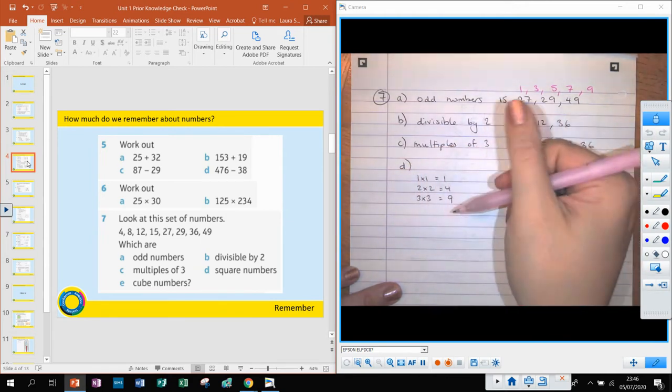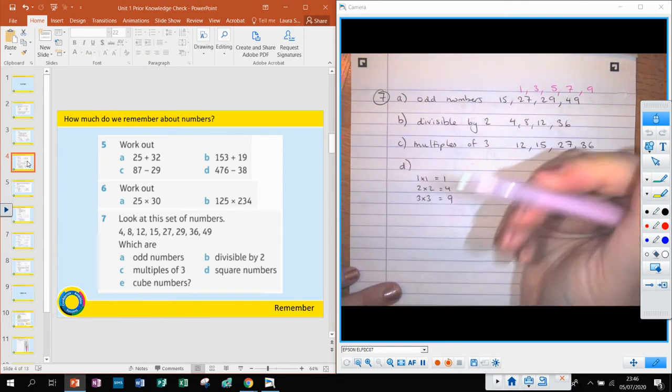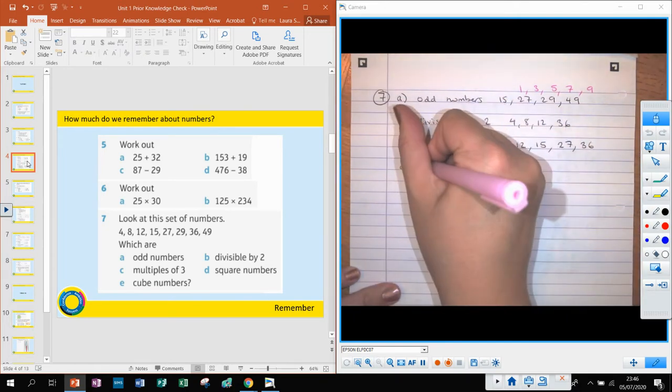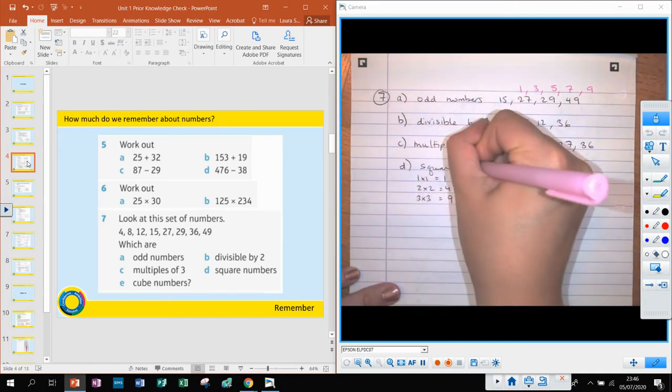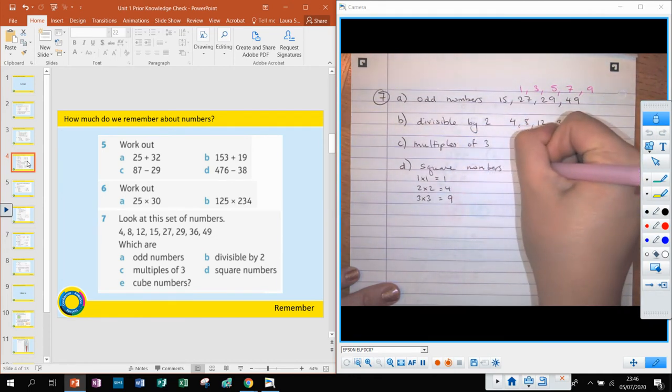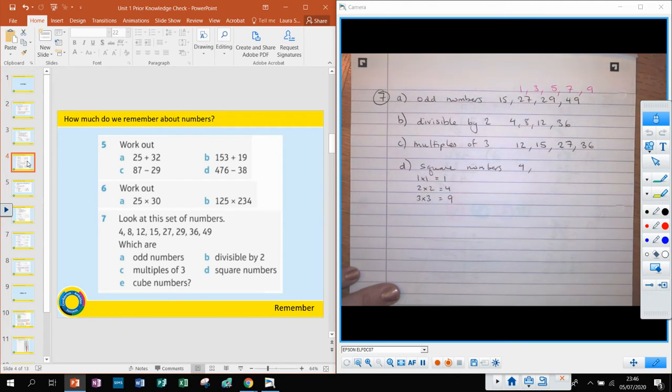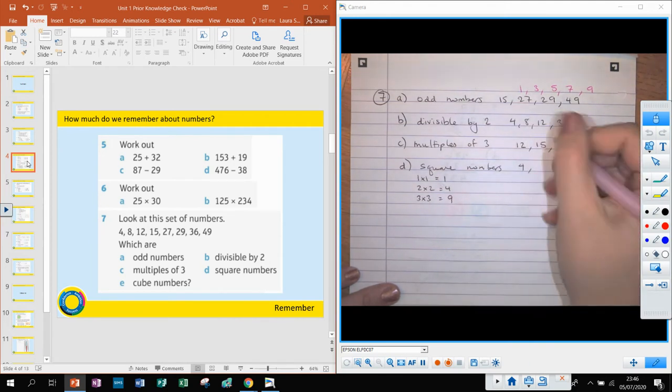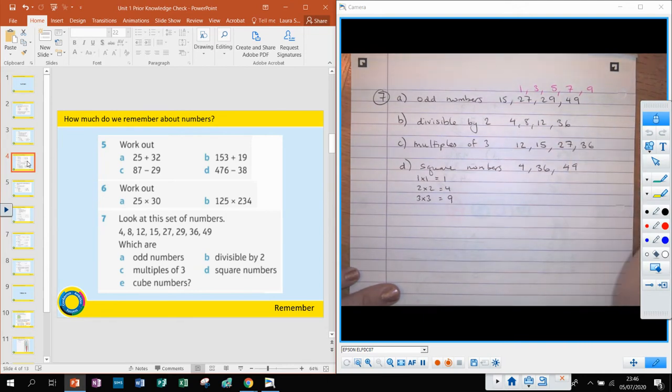So 9 is a square number, and so on. So let's find them. Okay, so for our square numbers, we have the 4, because that's 2 times 2. We have the 36, because that's 6 times 6. And finally the 49, because that is 7 times 7.